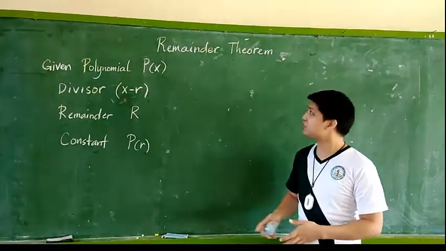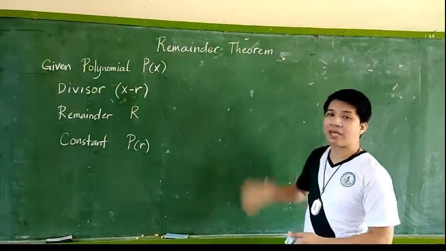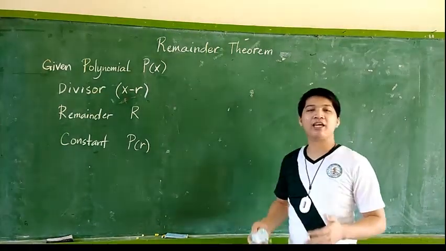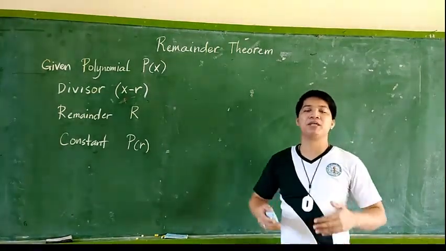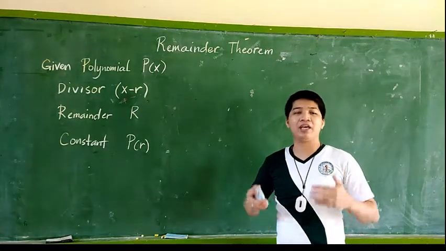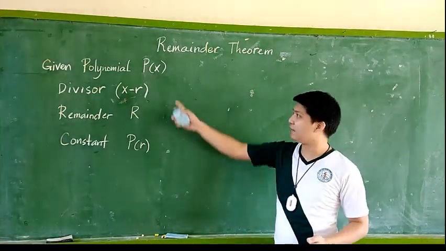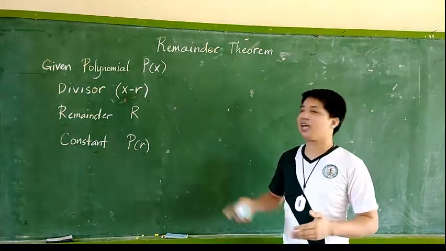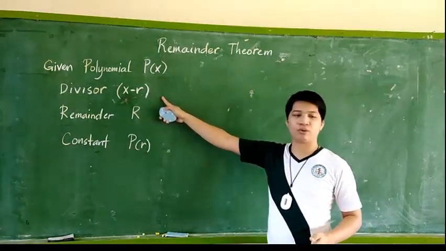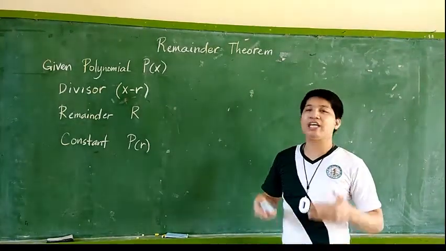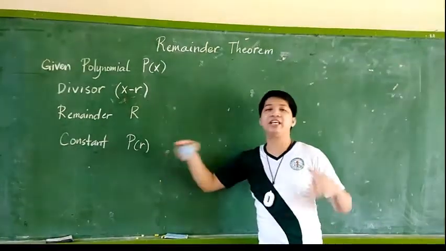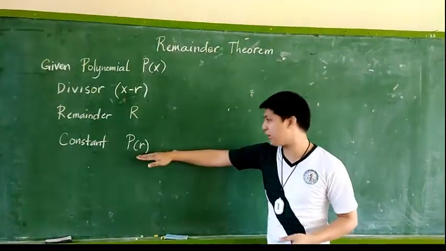Let's first define what the remainder theorem is. Mathematically speaking, the remainder theorem states that if the polynomial p of x is divided by x minus r, the remainder R is a constant and is equivalent to p of r.